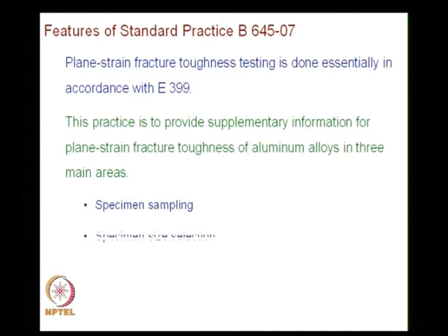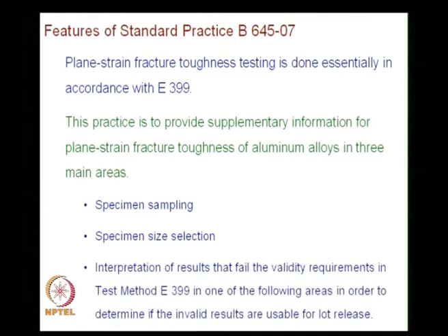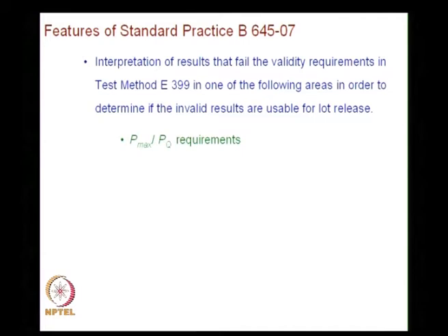The three main areas are specimen sampling, specimen size selection, and interpretation of results that fail the validity requirements in test method E399 in one of the following areas, in order to determine if the valid results are usable for lot release. So, it is essentially about how well a test can be salvaged.